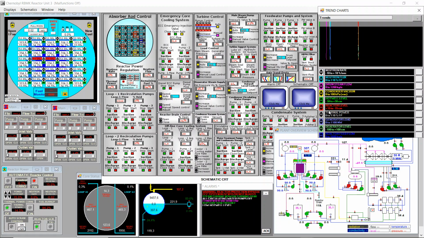I don't really know how to change the scale to see the hot well level. But I think it will not take a long time to trip this pump here.